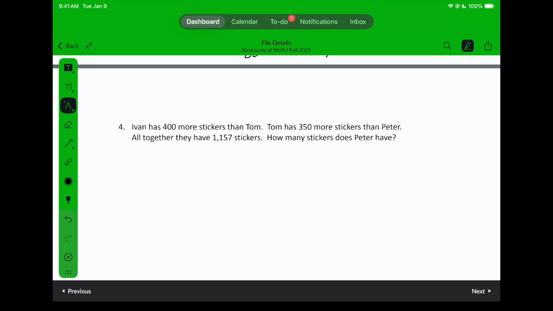So, seems like we're comparing the total of Ivan's to the total of Tom's to the total of Peter's. And then it also gives us the total that they all have, which means that we're comparing their three totals and also putting their three totals together. So, yet again, this is compare and put together.